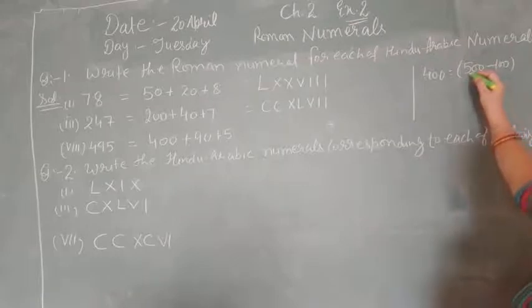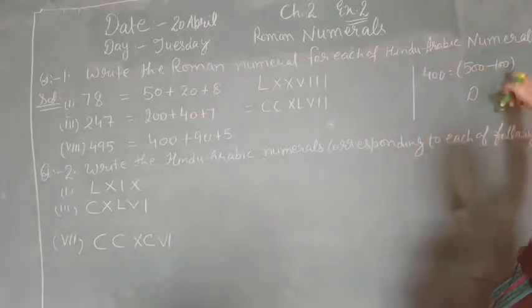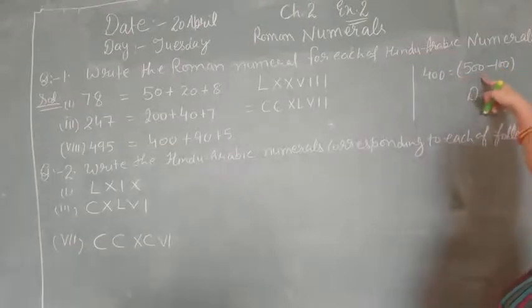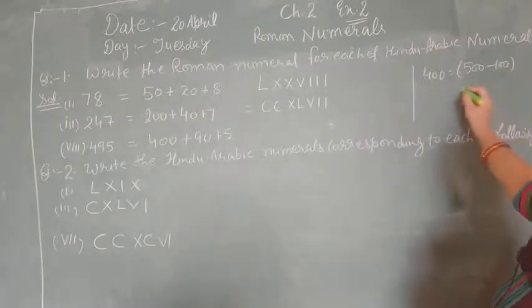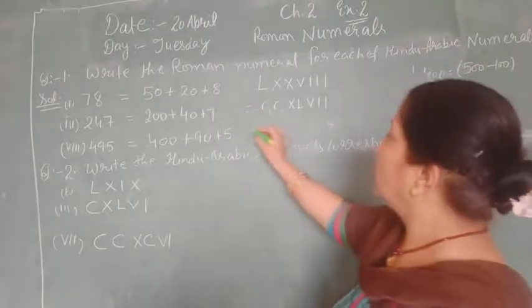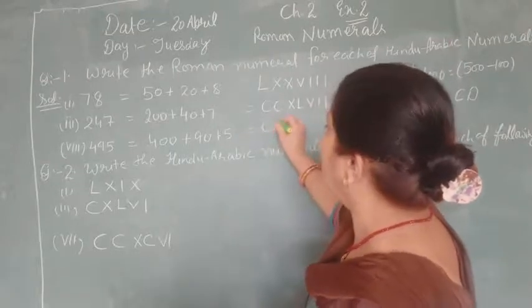We know that for 500 we use the symbol D, and for 100 we use the symbol C, because it is in the subtraction form. So we write C on the left side of D. So here for 400 we write CD.